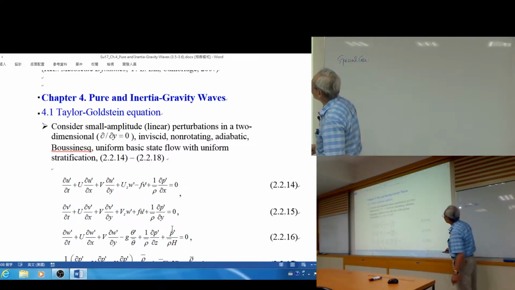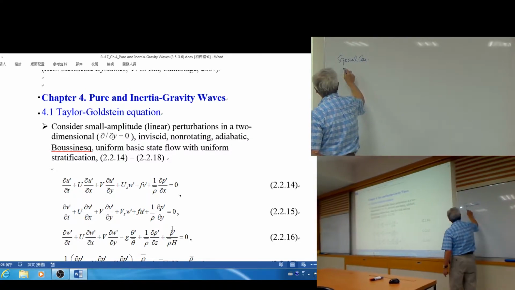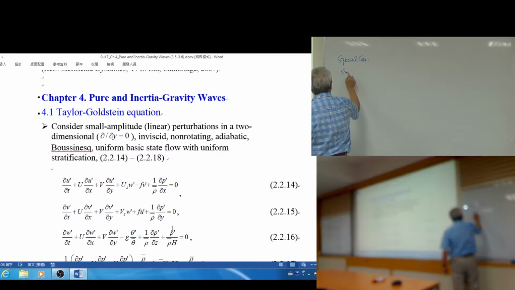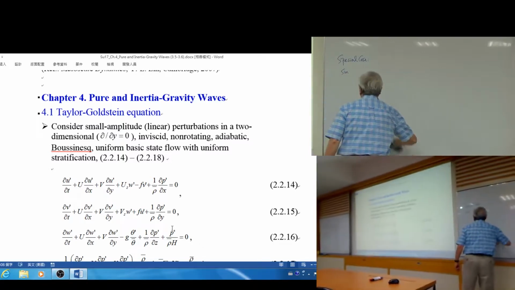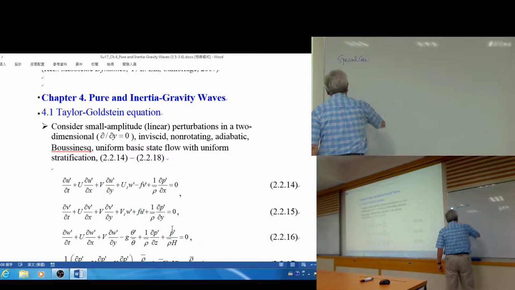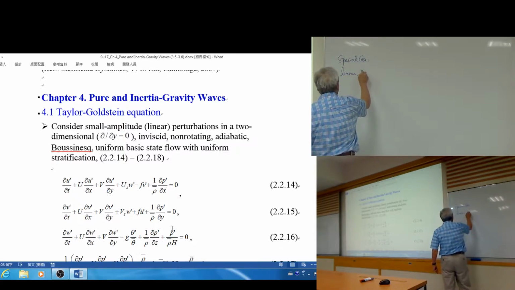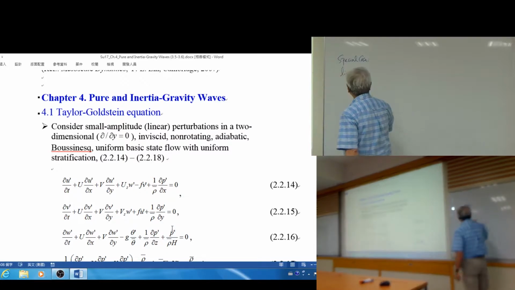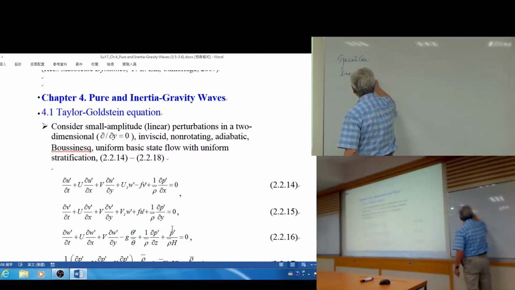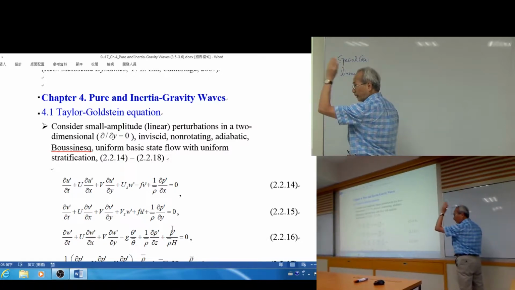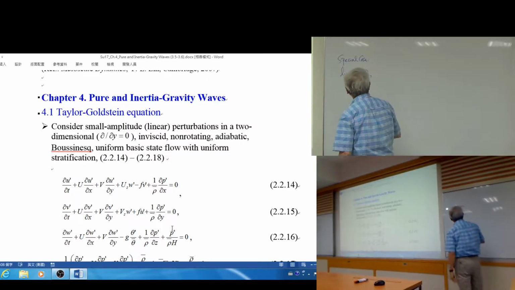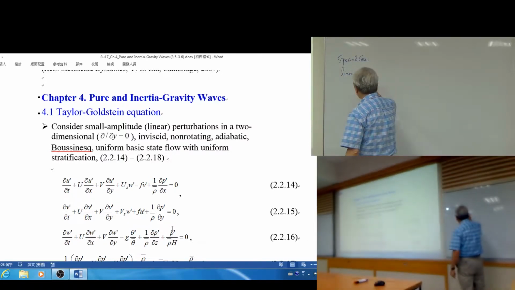We assume small amplitude, that's linear, and 2D, in the x and z domain, so the y direction will be 0.